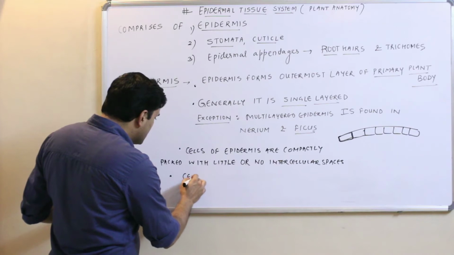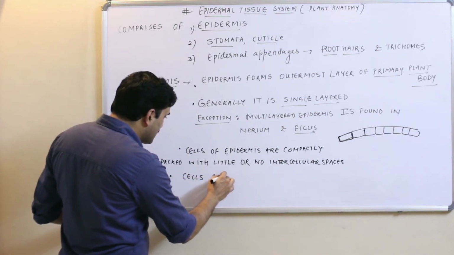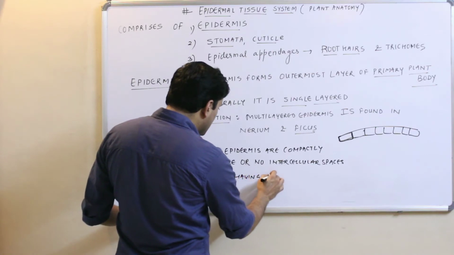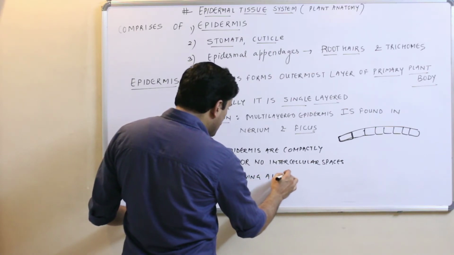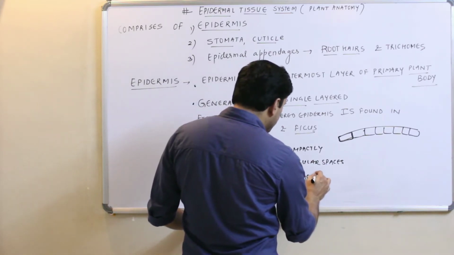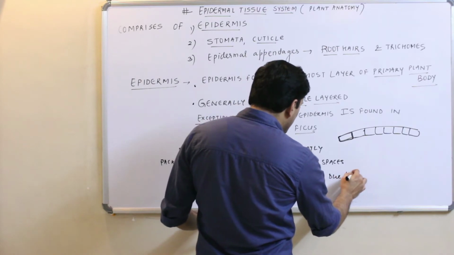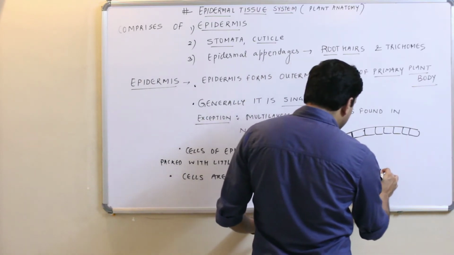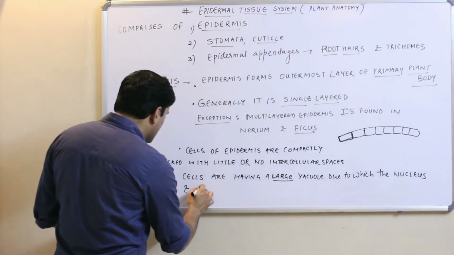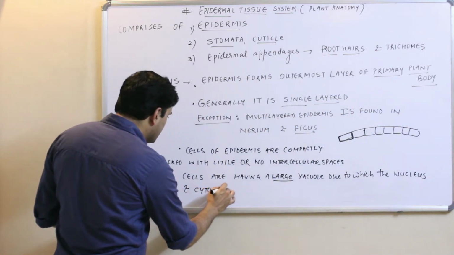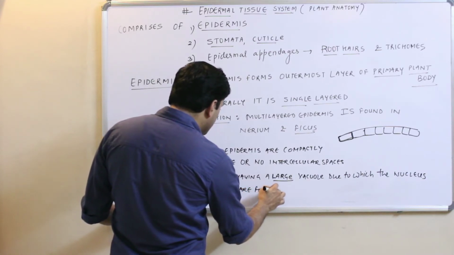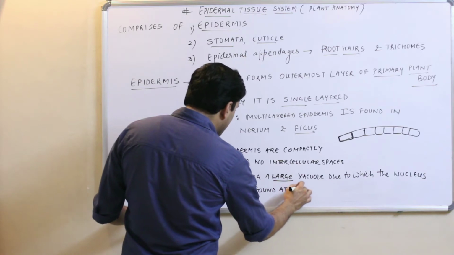Now, cells are having a large vacuole, due to which the nucleus and cytoplasm are found at the periphery.